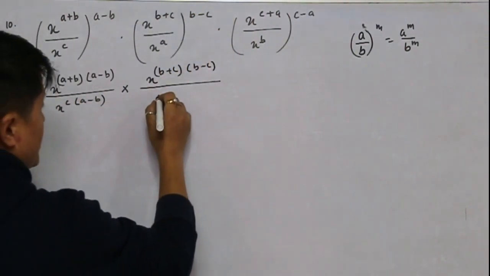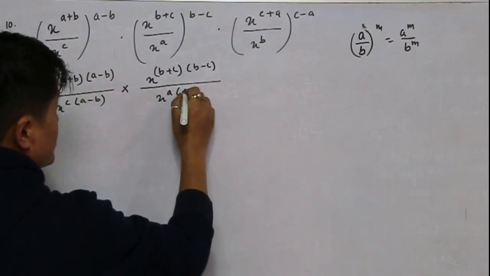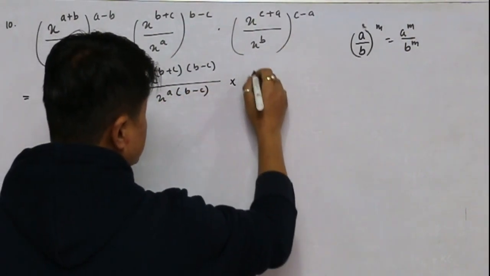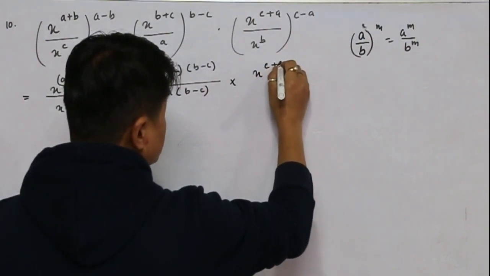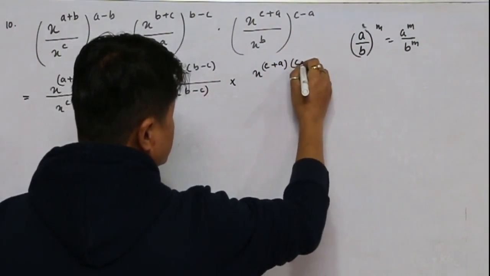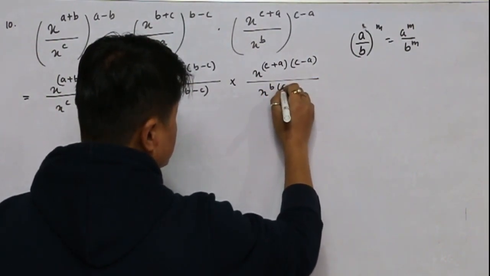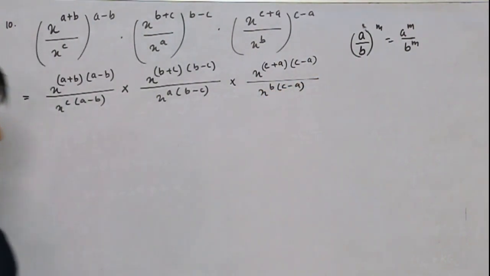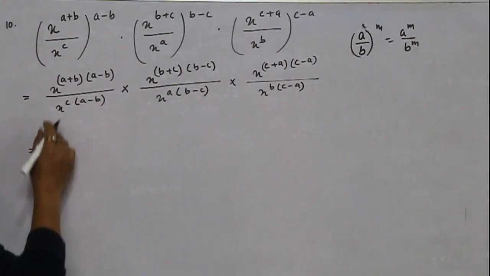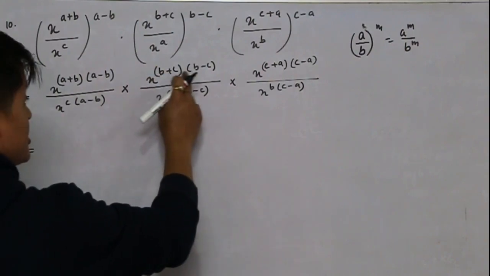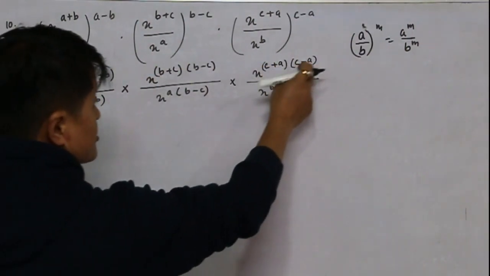So this will multiply, and again x to the power a into b minus c into x to the power c plus a whole to the power c minus a whole divided by x to the power b into c minus a. Now if you notice here, this is a plus b, a minus b. This is also same, b plus c, b minus c, a plus b, a minus c. This is also the same.